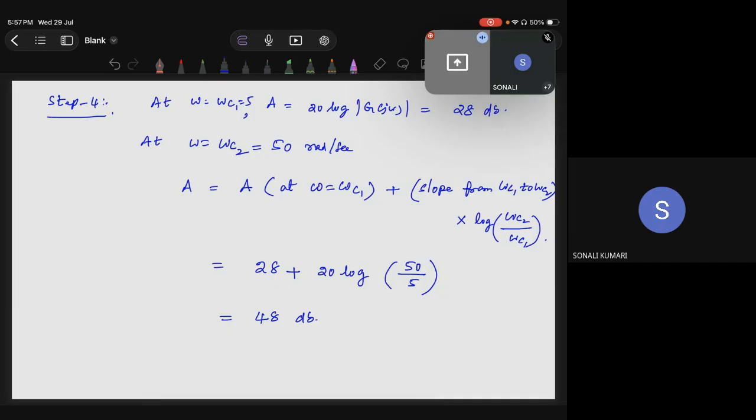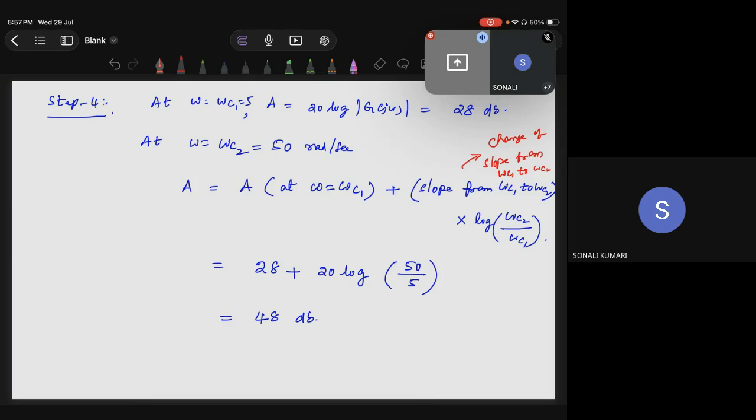So this will be the slope multiplied by 20 log of this one. Here the slope is 20, which is the change of slope from omega C1 to omega C2.